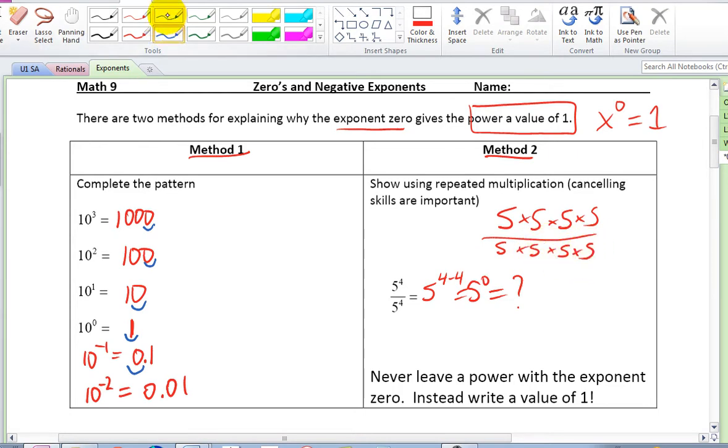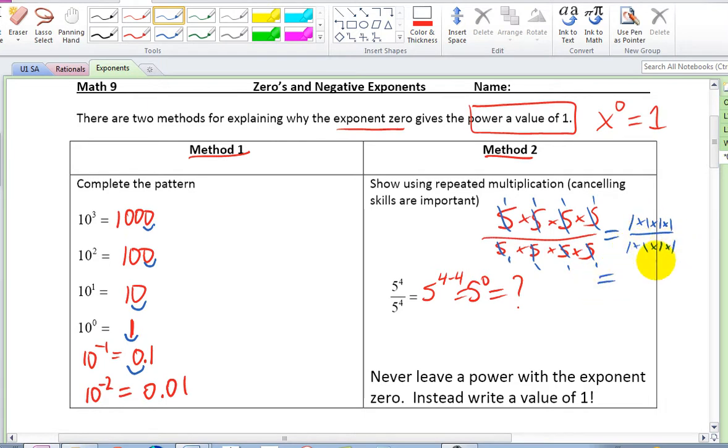Now when we cancel these out, they don't cancel to nothing, they cancel to 1. These all are just canceling to 1. We're dividing by 5 each time and reducing our fraction. So technically we have 1 times 1 times 1 times 1 times 1. On the bottom we have the same thing.